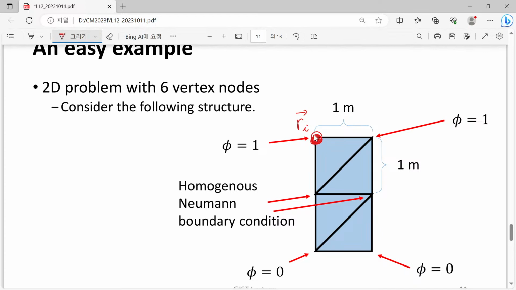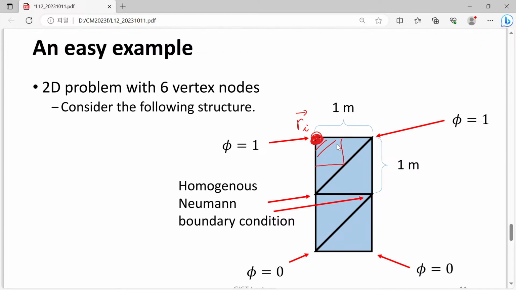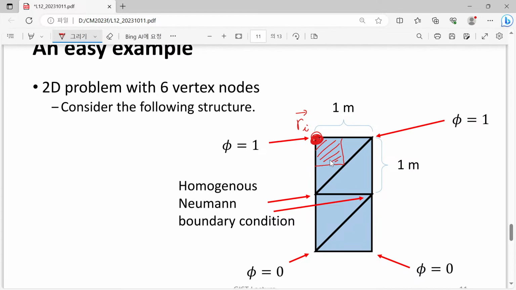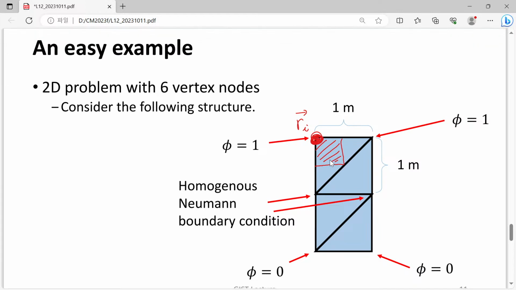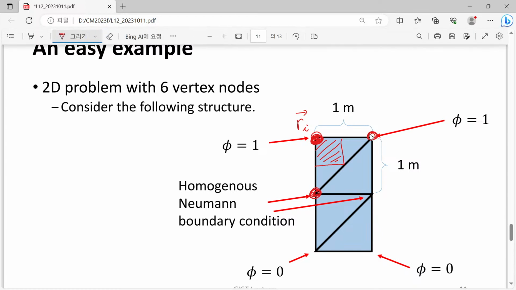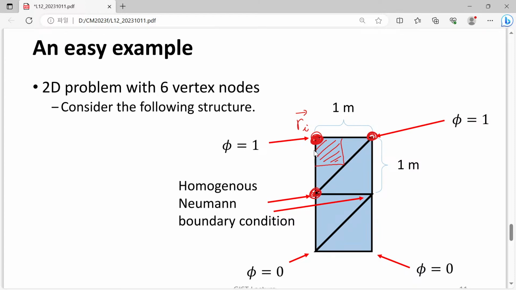For this R sub i, your box should be this one. Why is it your box? Because it has two neighboring points, directly connected ones, and your box should be constructed in this way.